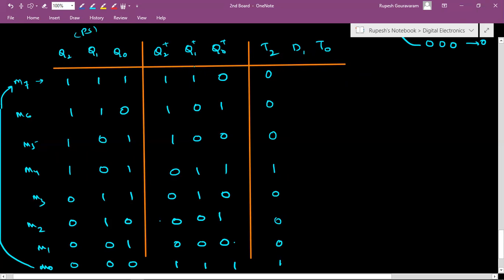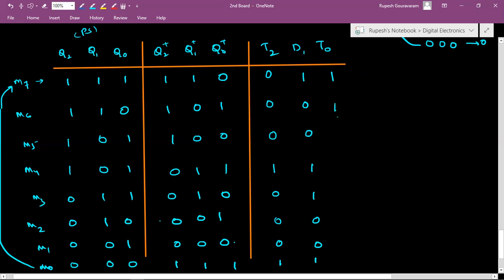D1 will be the same as Q1 plus: 1, 0, 0, 1, 1, 0, 0, 1. Finally T0. T0 is 1 when Q0 is not equal to Q0 plus.